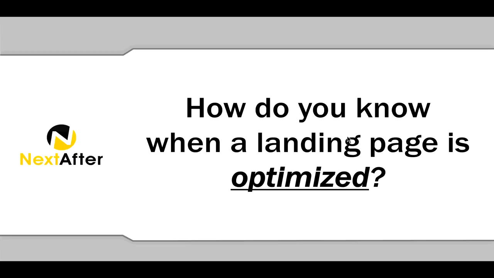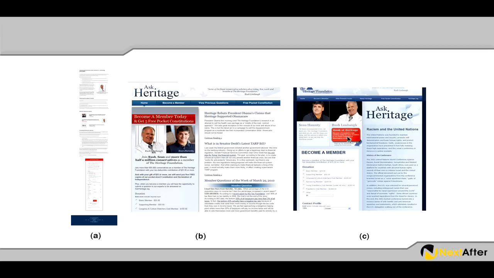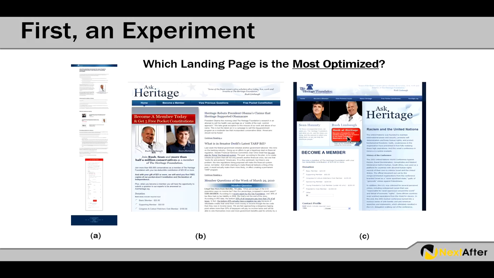So I want to start things off. As I mentioned, today is going to be a very interactive session. I do have a little bit of material I'd like to cover to orient our thinking before we get into live optimization. But I want to ask you a single question to get started: how do you know when a landing page is optimized? We're going to start the interactivity right away with a little experiment.